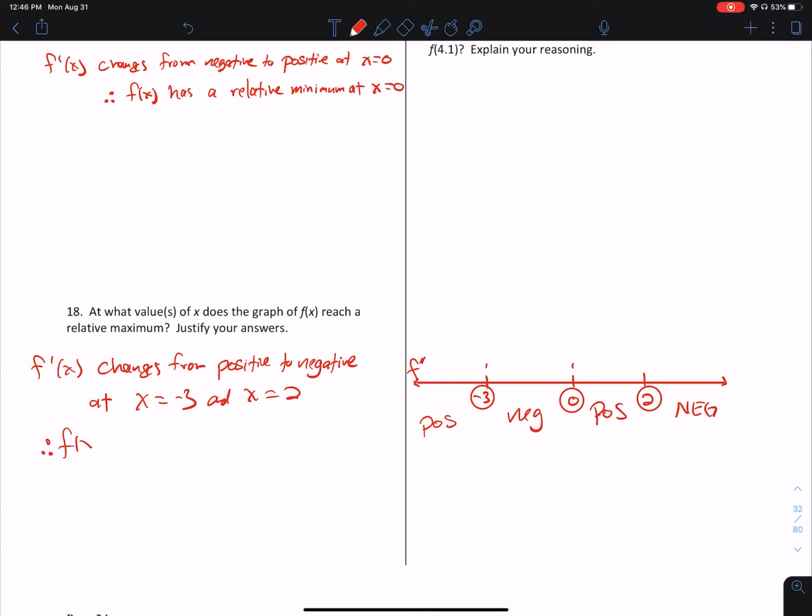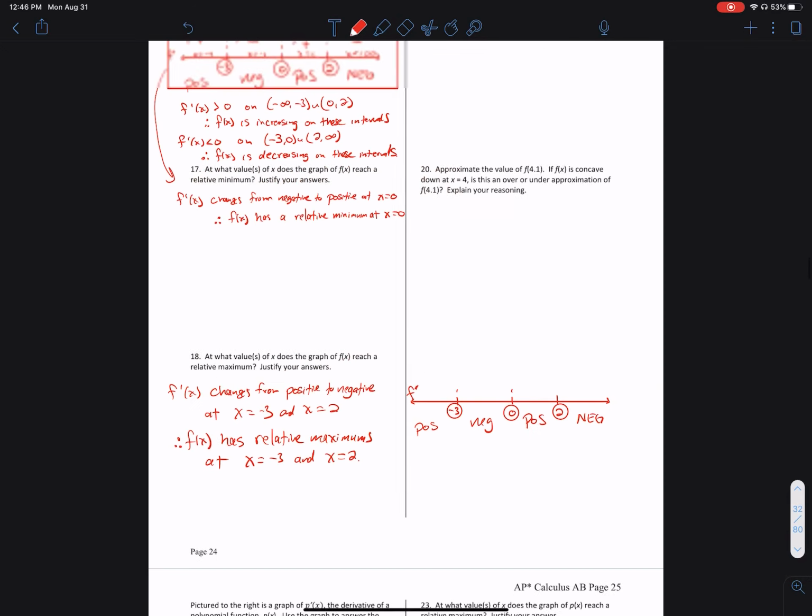Therefore, the original function f of x has relative maximums at x equals -3 and x equals +2. Or you could say at these x values. Either way. All right, let's get rid of this.